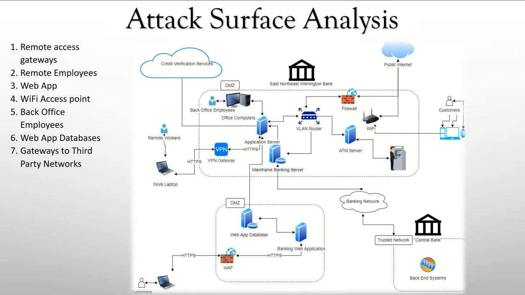We have multiple remote employees connecting through VPN gateways to get to the application server. And then you have your user down there at the bottom who is using the web app. And the end state for the attacker, we believe, is to get to the central bank, right there in the bottom right, and get into the banking network. So we think about that, and then we draw what we have here, a data flow diagram.